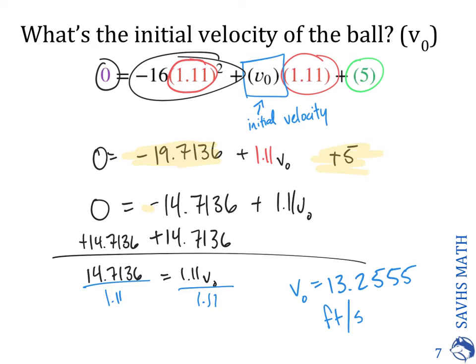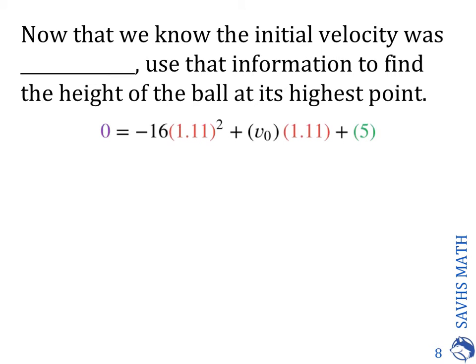This is the unit. So my velocity is here. I can use that 13.2555 feet per second in my equation right here now. I suppose this should say something different.